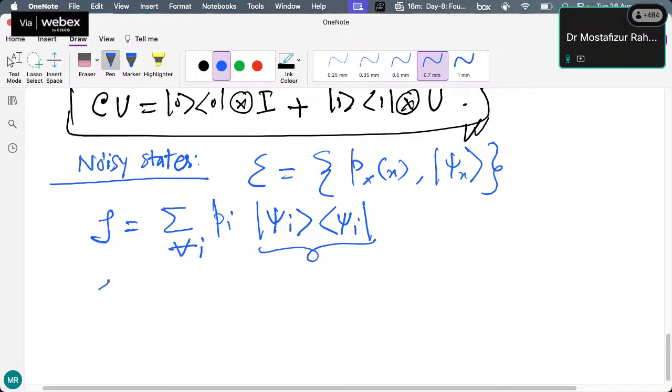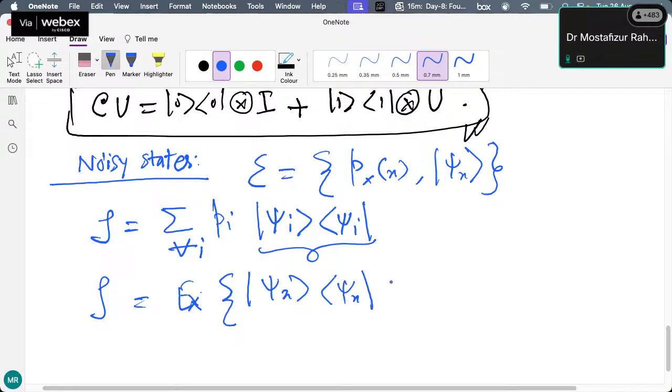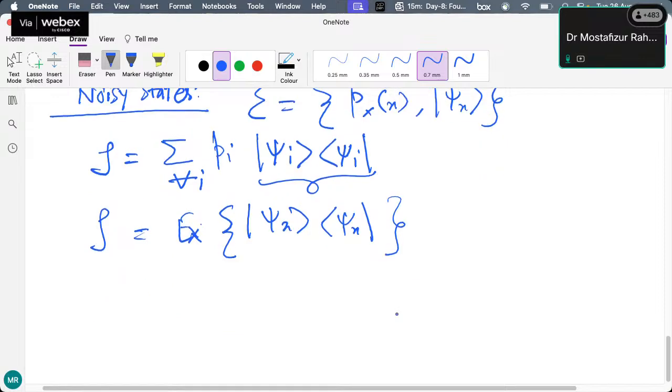So it's also called the expectation over the random variable x of the outer product of psi x and psi x, right? This is another way of thinking about the density operator, from the probability side, right?